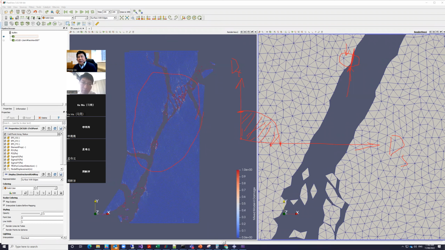We can change the definition. We have the cohesive element, with a few integration points; at this moment we are using four integration points. If all four integration points fail in pure tension, we define it as tension failure.